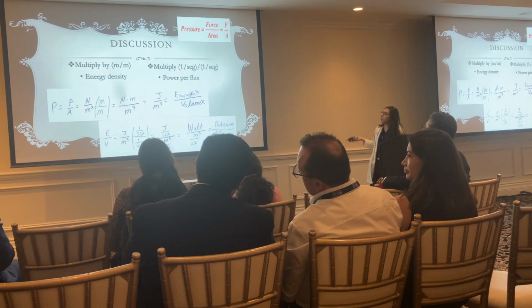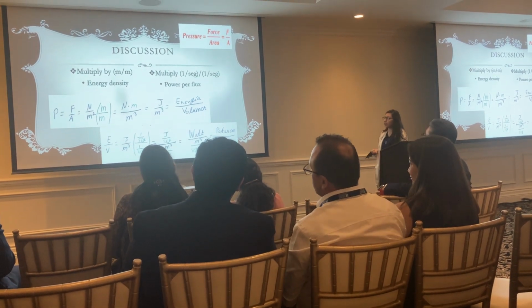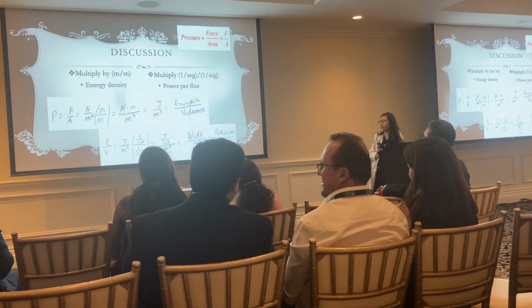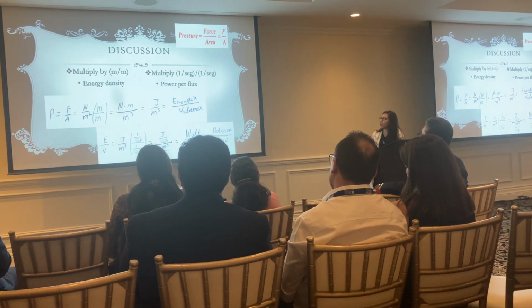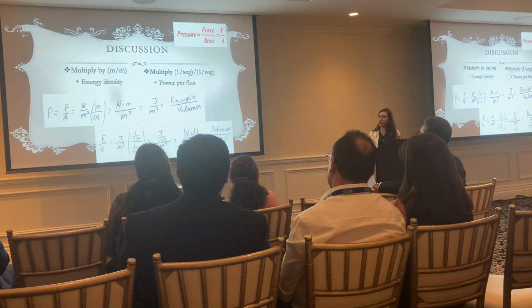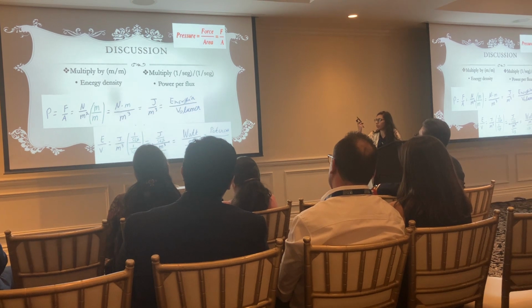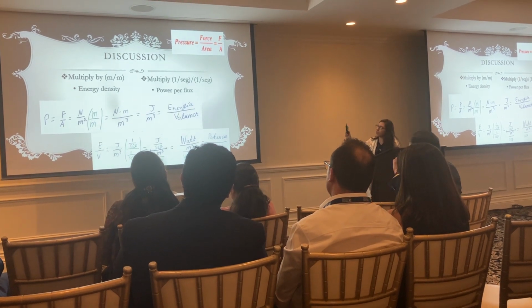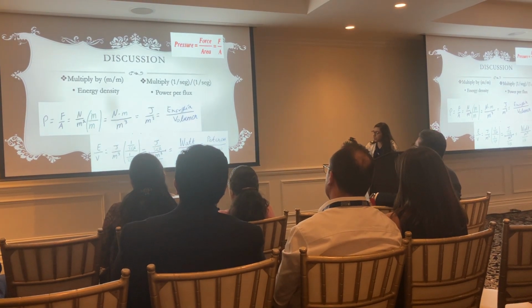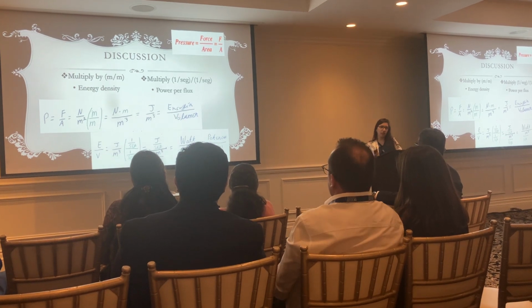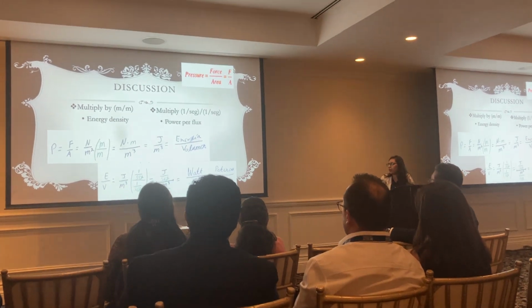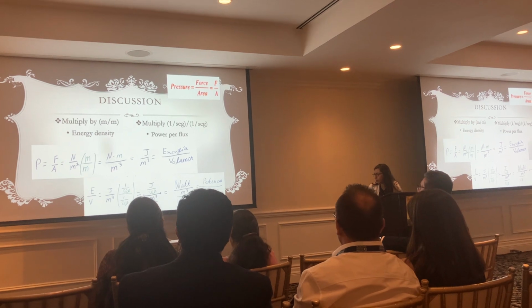So we have energy divided by volume. Just as mass divided by volume is mass density, energy divided by volume is energy density, the density of energy involved in the bone at that time.